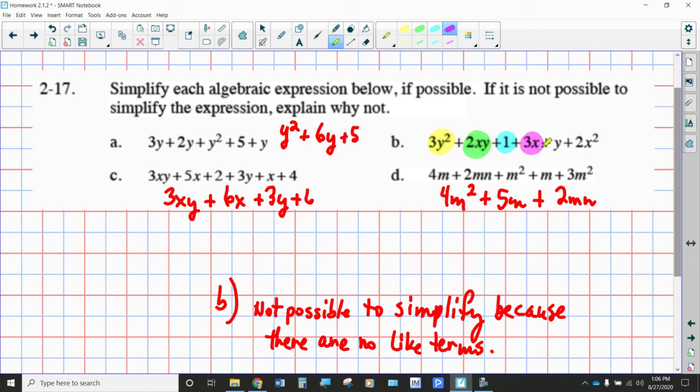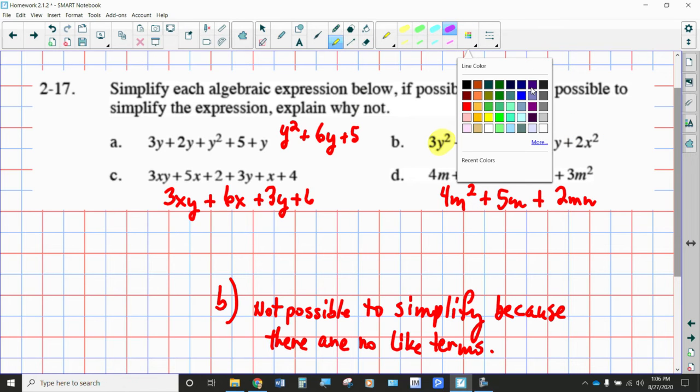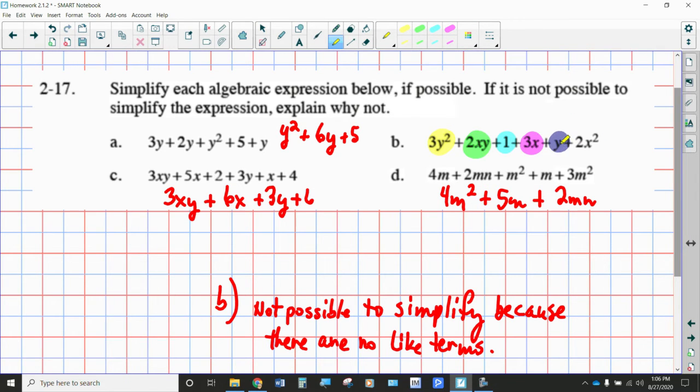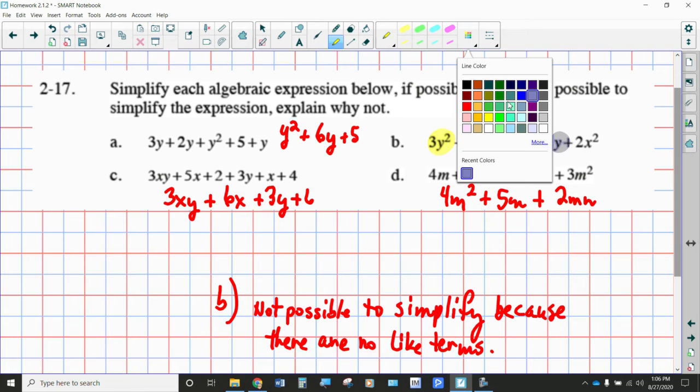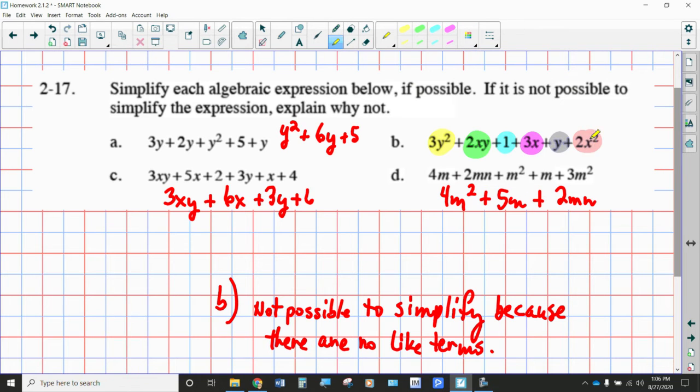All of the x terms, that 3x is the only x term. That's a nice color. There's only one y term, and there is only one x squared term. You can rearrange the order of them, but you won't be able to combine them, because in order to combine like terms, they have to have the same variable raised to the same power.